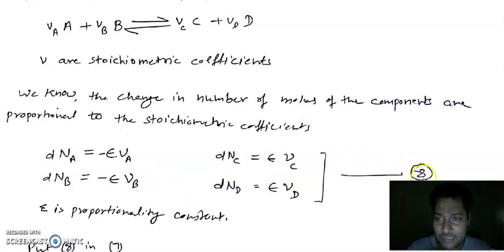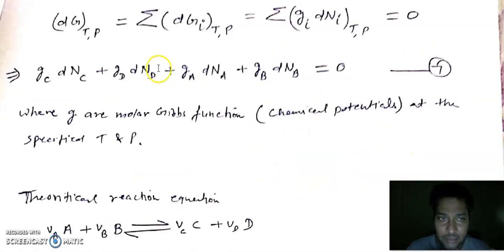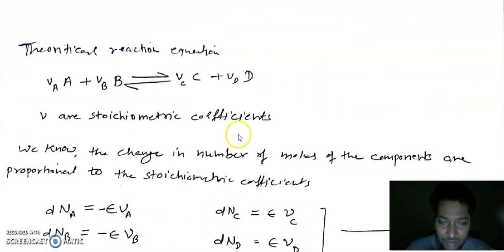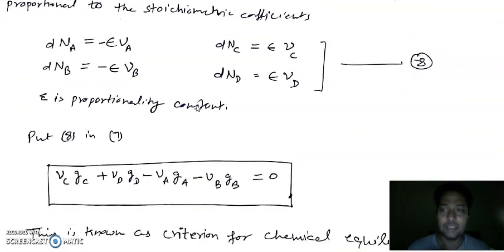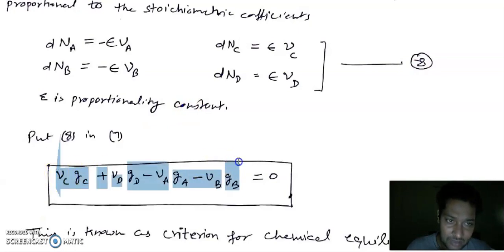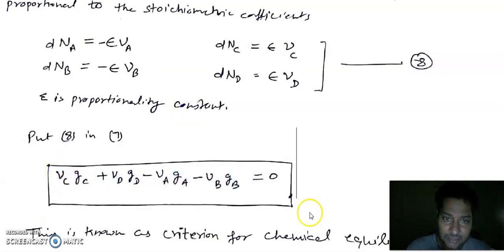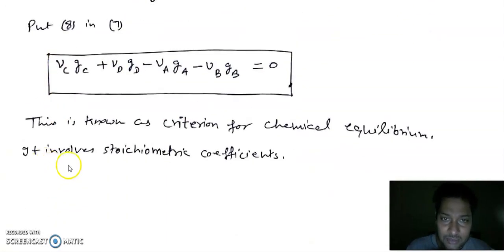So if this one is equation 8 and this one is equation 7, then if we put the number of mole of different components from equation 8 in this equation, finally we will get this equation. It is expressed in terms of stoichiometric coefficient and molar Gibbs free energy. So this is the criteria for chemical equilibrium.